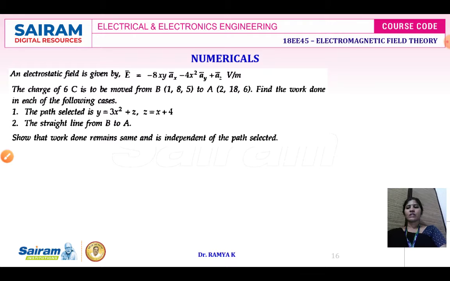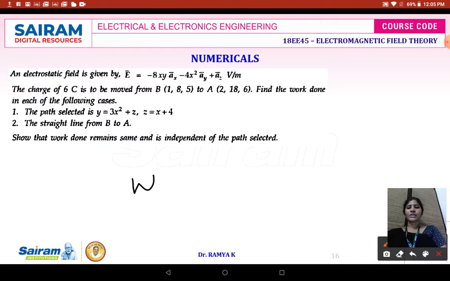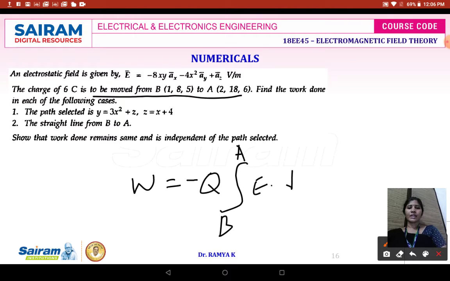We know the work done formula: W is equal to minus Q integration, where the charge has to be moved from point B to A, so B to A of E dot dl.